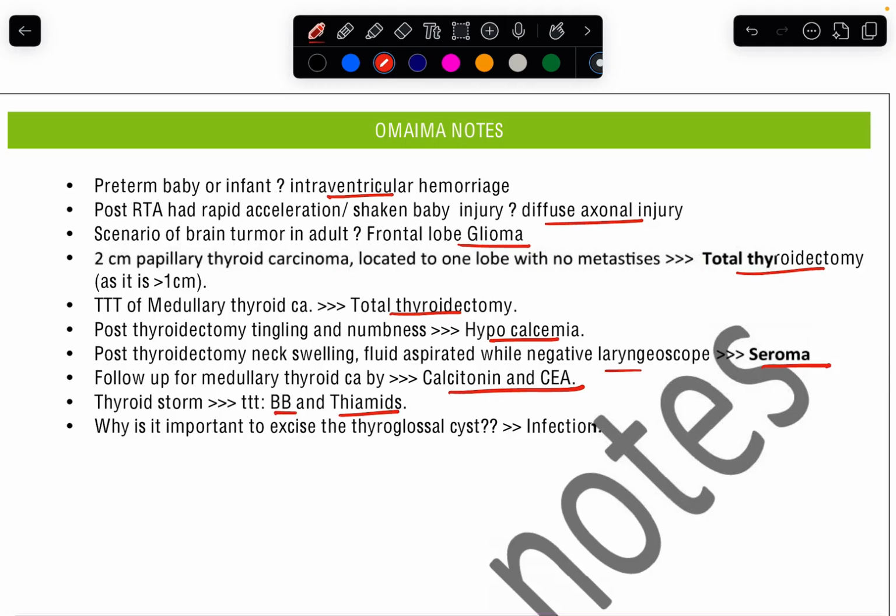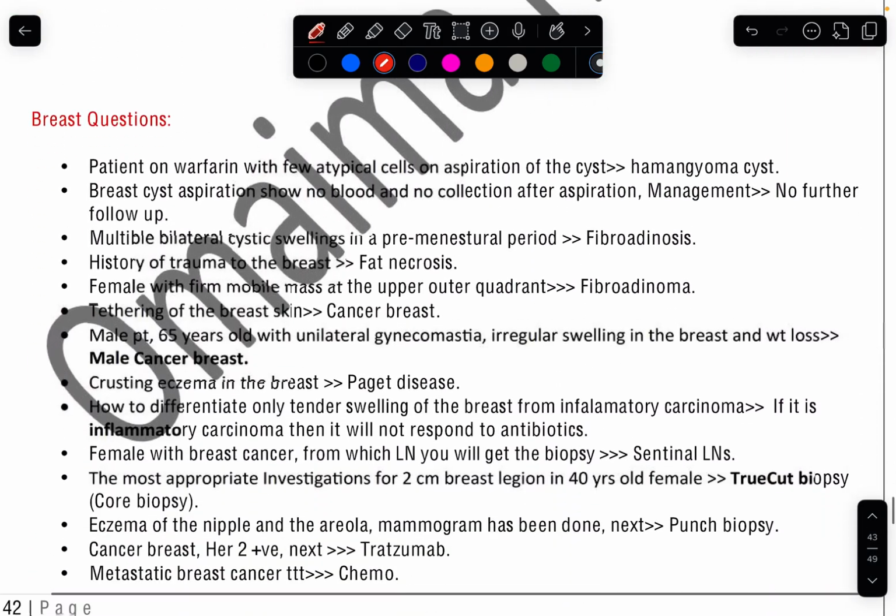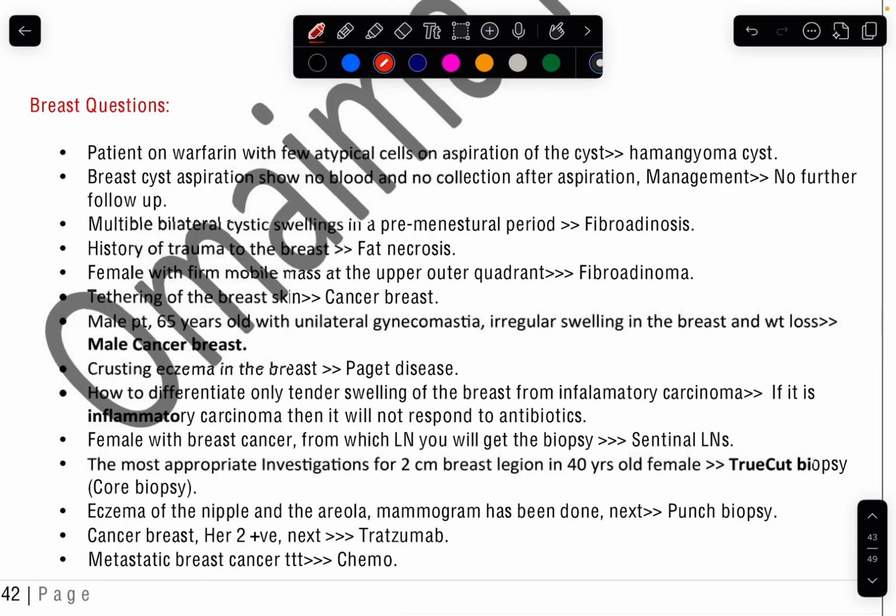Why is it important to excise the thyroglossal cyst? Because of infection. Patient on warfarin with typical signs, aspiration shows hemorrhagic cyst. Aspiration shows no blood, no collection, management no further follow-up. Multiple bilateral cystic swelling, premenstrual fibroadenosis. Fat necrosis, trauma. Mobile mass, upper quadrant, is fibroadenoma.